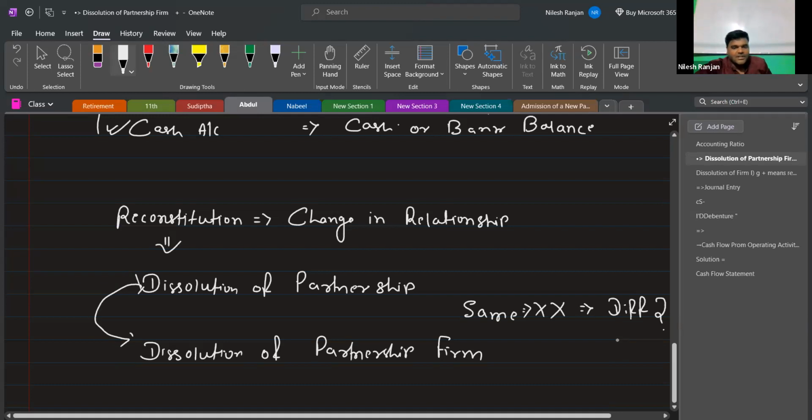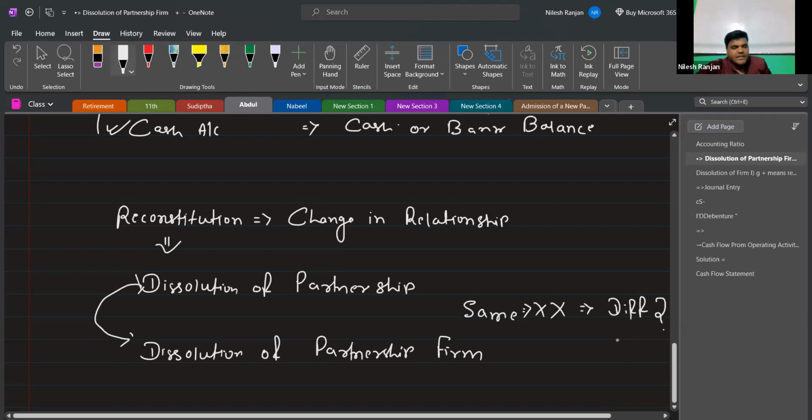Revaluation means when there is change in the value of assets and liabilities.